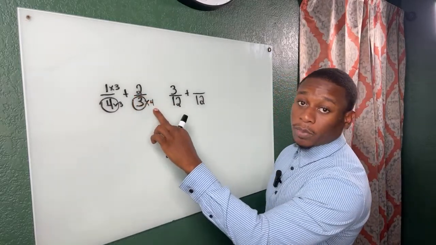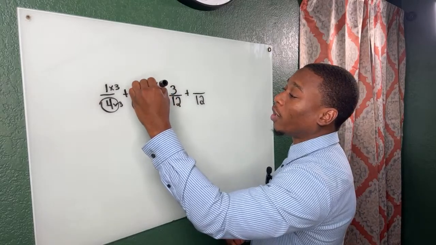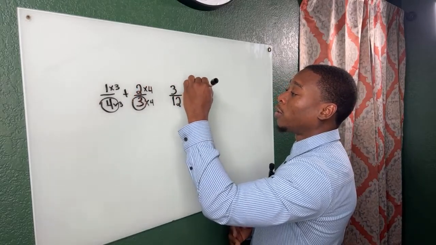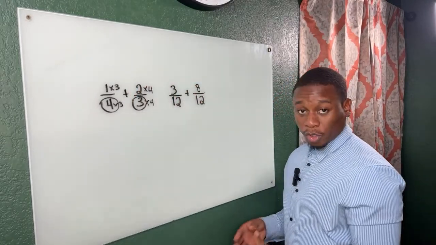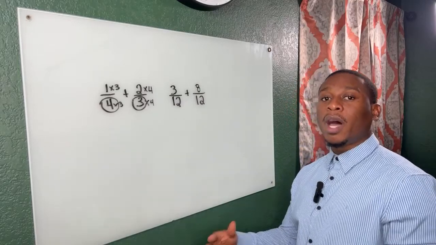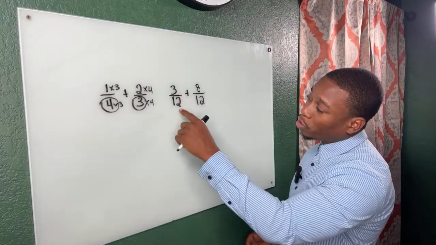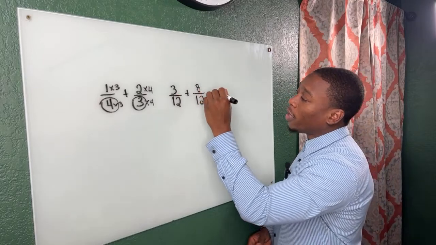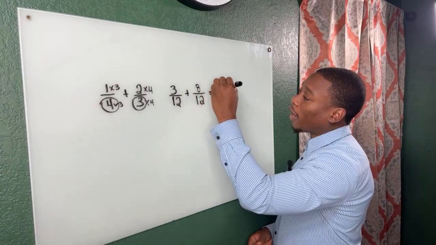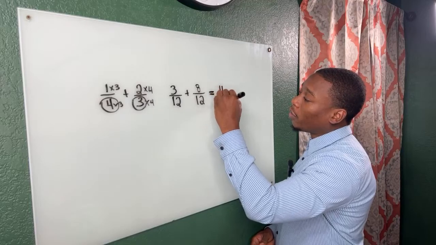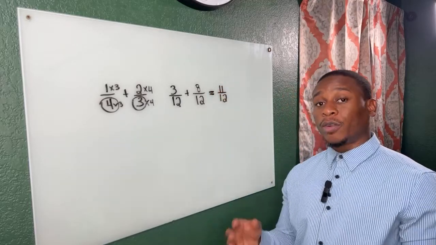And whatever I multiply the bottom by, I also have to multiply the top by. So now 1/4 plus 2 over 3, when they have the same denominator, is 3 over 12 plus 8 over 12. And once we simplify, we get 11 over 12 as a final answer.